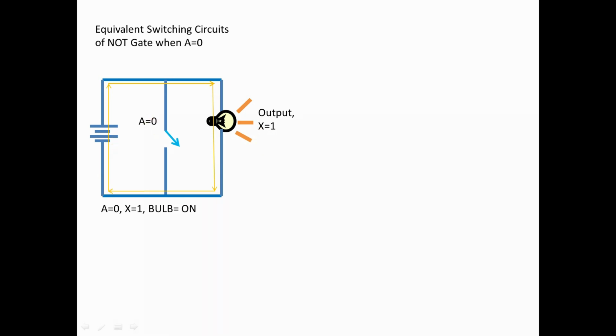When A is equal to 0, the switch is opened, there is no path through the switch. Hence, the current flows through the bulb and output equal to 1, logic 1, that is the bulb is in on state.